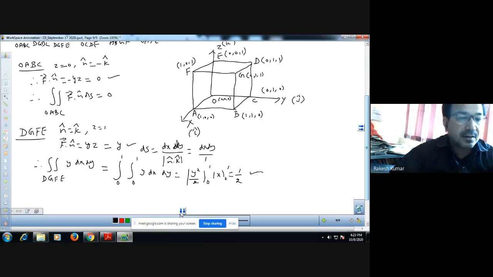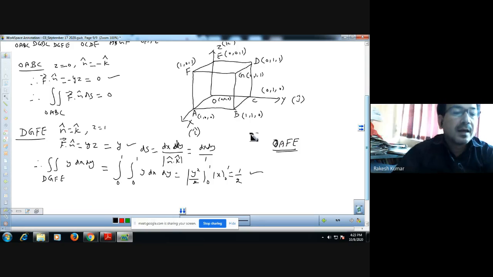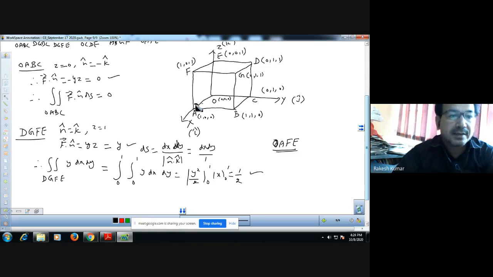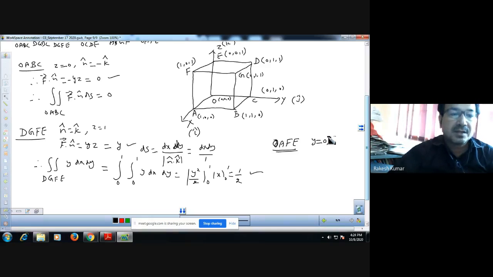Now you can evaluate along the other face, and the next face we have to take is OAFE. This is the face lying in XZ plane. You just see OAFE. This is the plane XOZ. And in the plane XOZ, y is always 0. And what should be the unit vector?